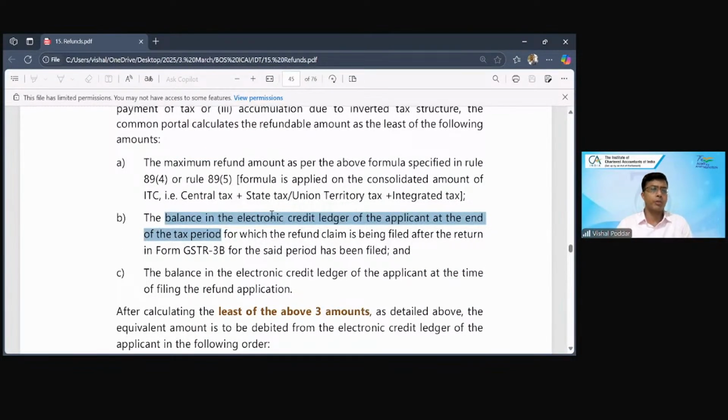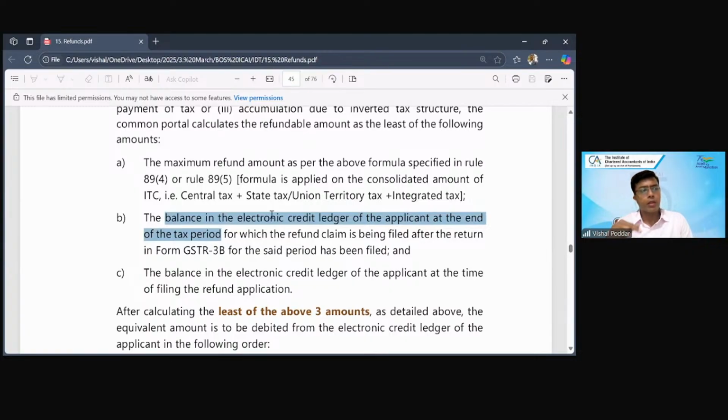Now, what are these three figures? So let us take an example to understand this. Today, we are in the month of June. Today was the last day to file GSTR 1. By 20th, I have to file GSTR 3B. I have filed; this I am filing for the month of May. Correct?